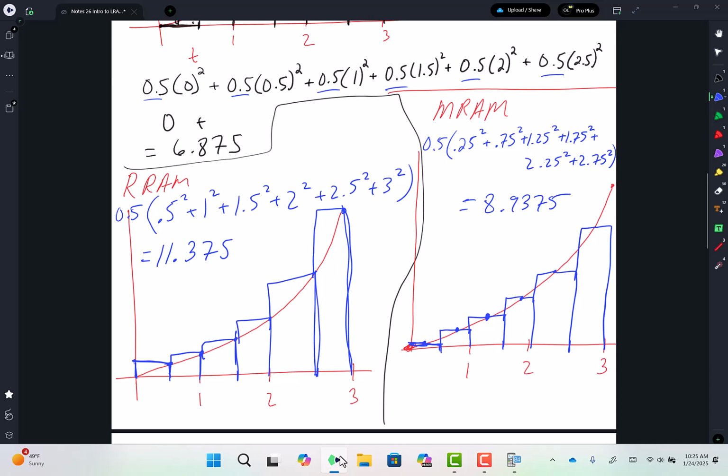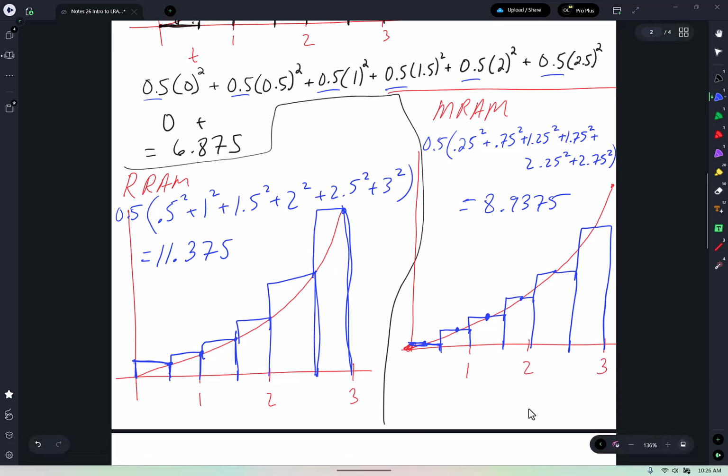All right, guys, I need you guys to focus because this is a big deal of what we're about to do. So the RRAM is like the rectangles to the right. You reference your delta x and you start at the rightmost. See, each rectangle has a delta x of 0.5, and you start at the rightmost and then 0.5.